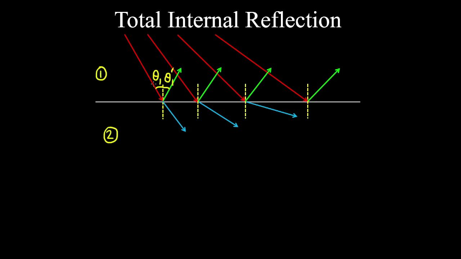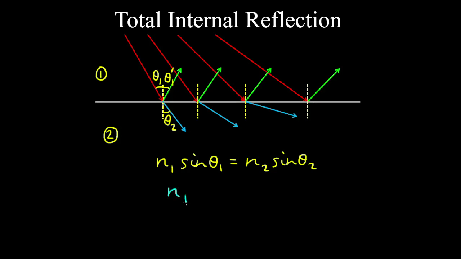So part of this ray gets reflected and part of it gets refracted in medium 2. So by Snell's law, we had the index of refraction of medium 1 by sine of the incident angle in medium 1 is equal to the index of refraction of medium 2 by sine of the angle of refraction in medium 2.